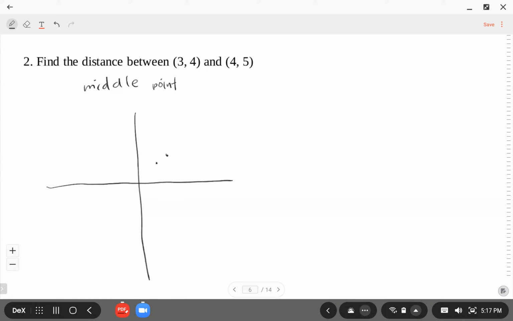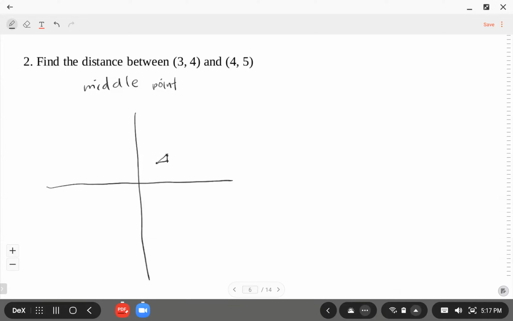So something like that. And then you form a triangle with it. These estimates aren't exactly perfect, so you don't have to pay attention to where the points are, but the point is that you can form a triangle with it.